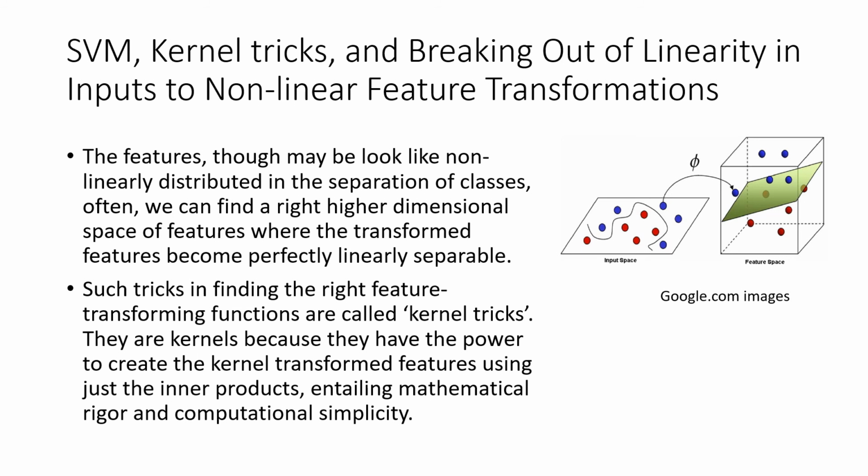Take a look at this example on the right side. I have this in the input space. It is non-linearly separable. But I can transform the data into a higher dimensional space, and when we do that, we call it not the input space but the feature space.